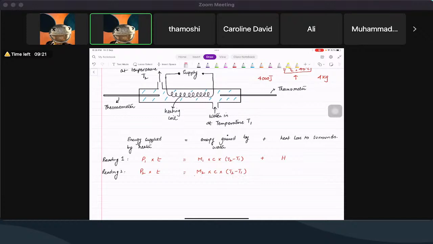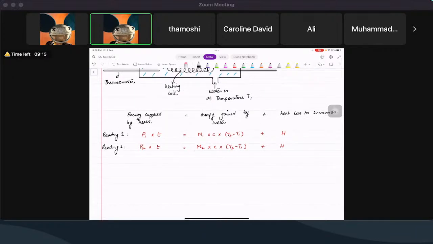So then, in this one, we will also get the same amount of heat loss. Now, the next step is that you subtract these two equations.